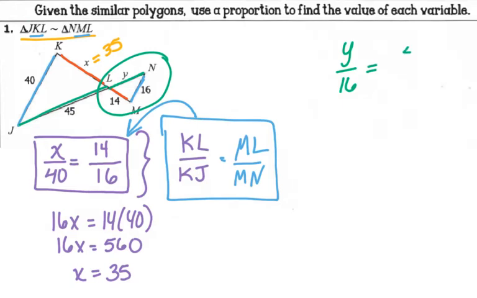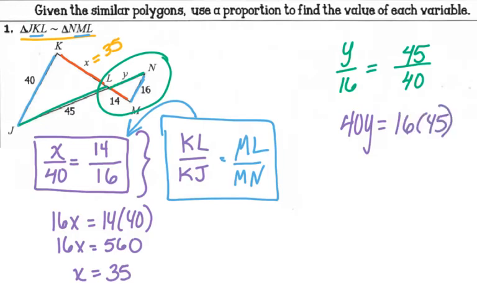On the other triangle, 45 corresponds to y, and 40 corresponds to the 16. And now we'll use the cross product property, and it'll be 40 times y equals 16 times 45. So go ahead and use your algebra skills and finish this up.